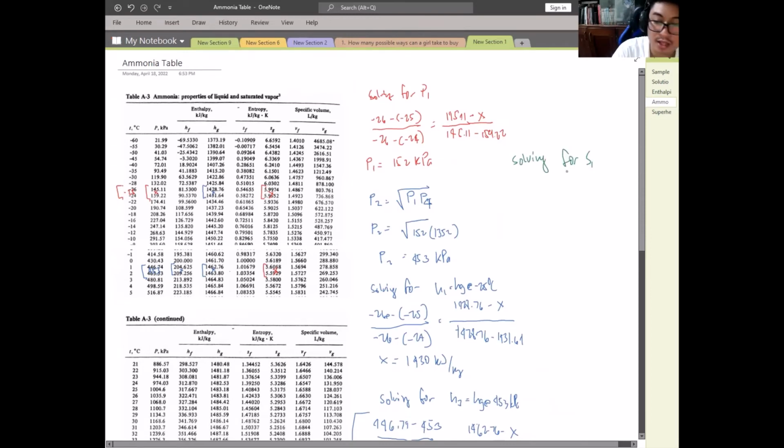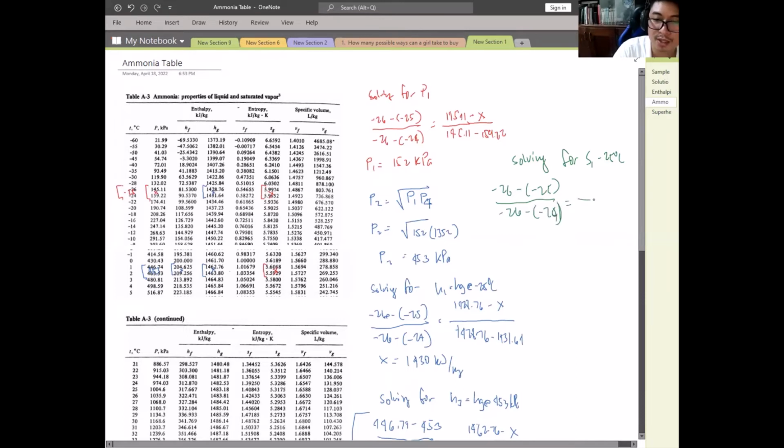At negative 25 degrees Celsius, let's interpolate. Negative 26 minus negative 25, the upper limit minus the lower limit, negative 24.